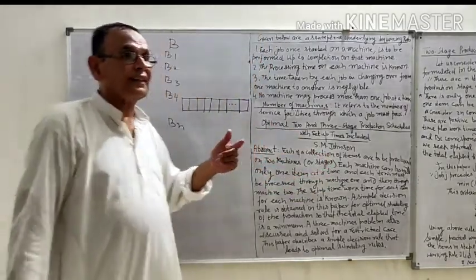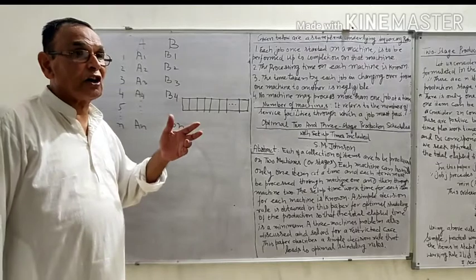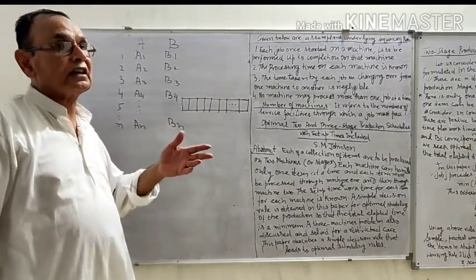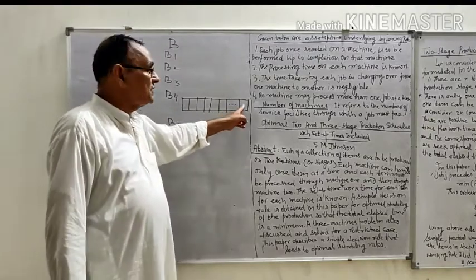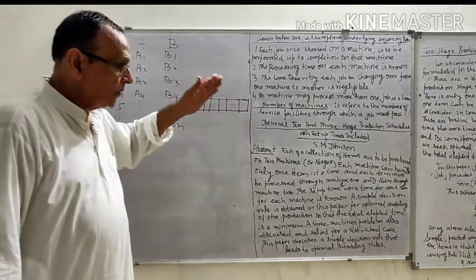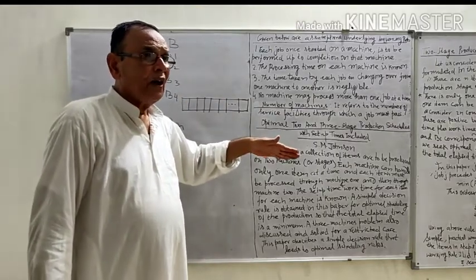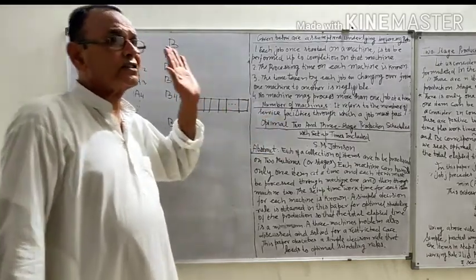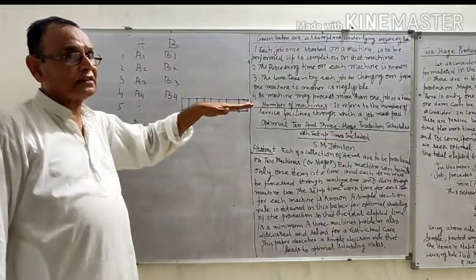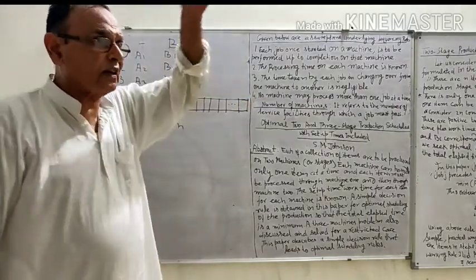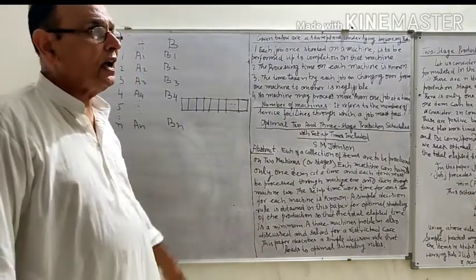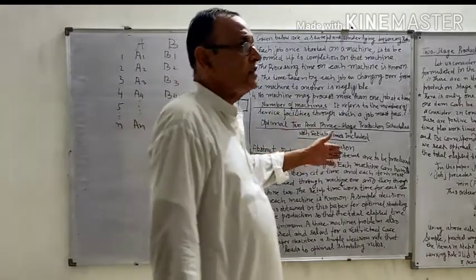Suppose B7, it is the 7th job but for machine B, so that job should be done last. So we have to write here 7. And now, if we have used say the third job, fixed at the first place or the last place, we have to cross this one, and then for the remaining jobs we have to repeat the procedure.